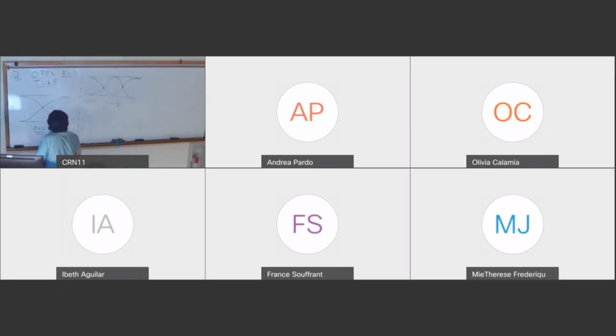Anyways, so for an open-end tube, you have one node here for the fundamental frequency and two nodes in here, right? And then for another tube, for n equals 3, you will have 3.